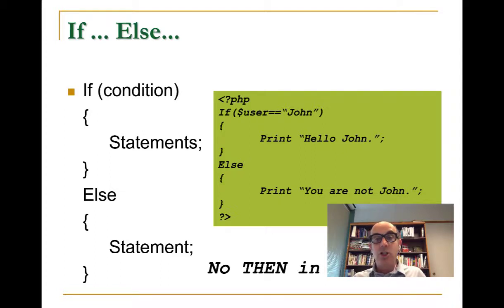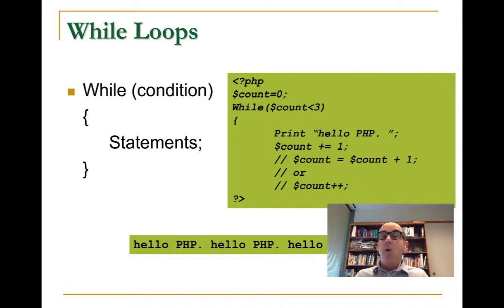So again, this is an example. If user is equal to John, then print hello John, else print you are not John. So that is if else and the not statement in PHP. How do we do a loop? We are doing it with a condition.